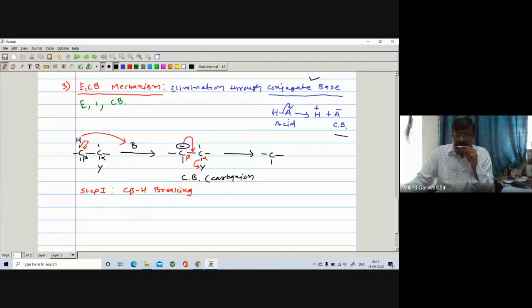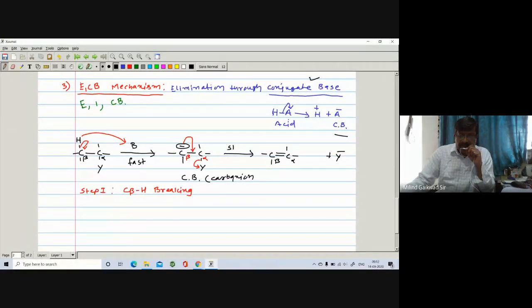Here is the bond, it is your alpha carbon, it is your beta carbon atom. As it opens on Y negative, there is a formation of Y negative, and carbon becomes positive. So this negative will shift here, and there is a formation of a bond between the C alpha and C beta. In this way, there is a formation of such a compound. So the first step is a fast step, and the second step is a slow step.